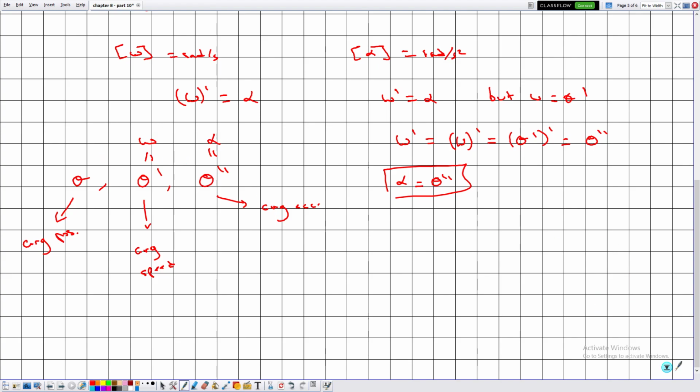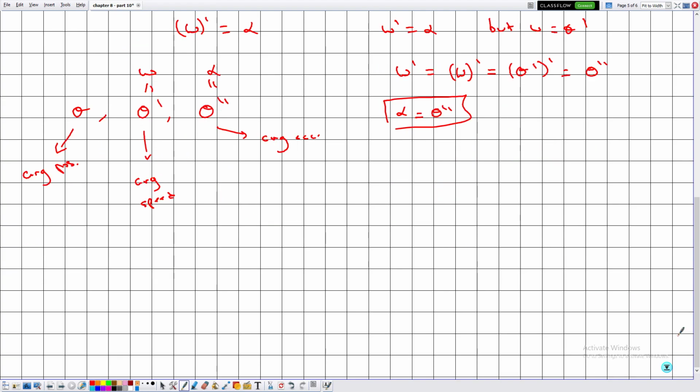And this is obvious because if we are talking about UVCM, we have theta equal to half alpha t square plus omega 0 t plus theta 0.